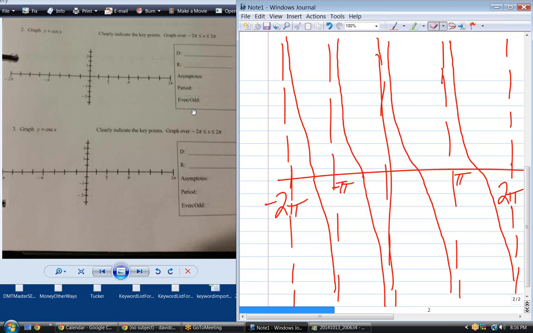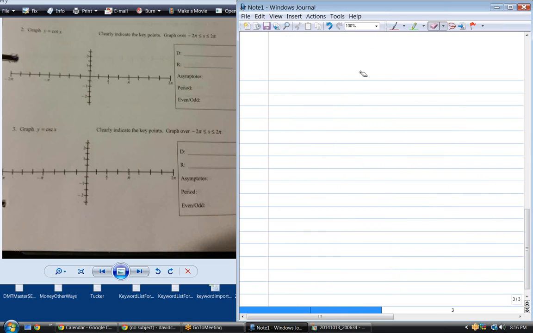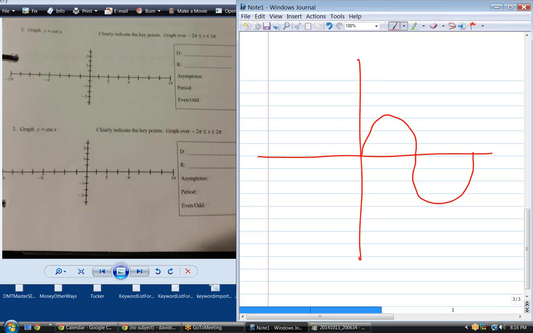Odd means symmetrical with the origin. An example of odd would be sine. Sine goes like this, and by symmetrical with the origin, I mean if I flip this about the y-axis and then the x-axis, I would be looking at this. And that's what sine does. In other words, right there is your symmetry about the origin.